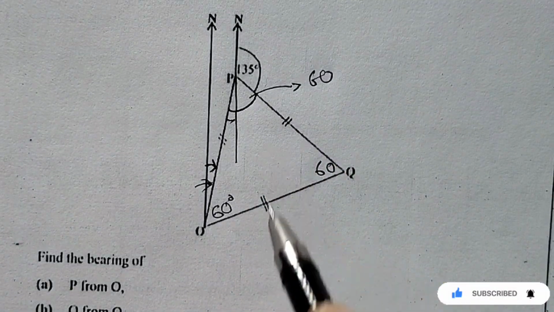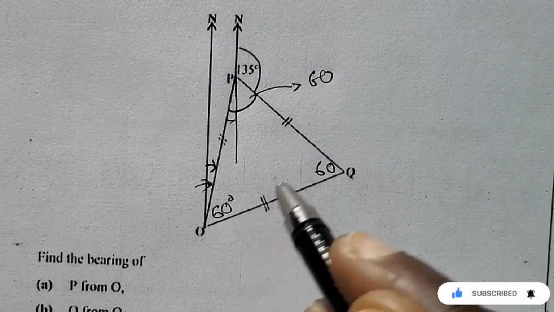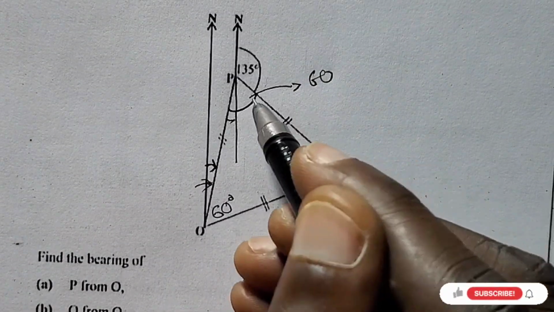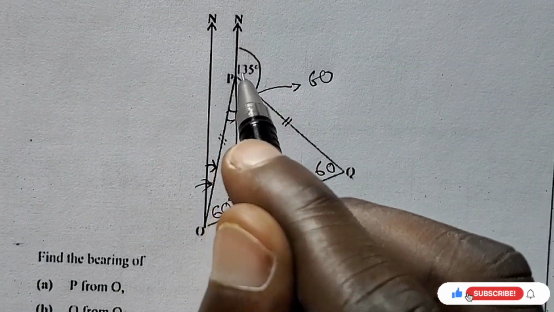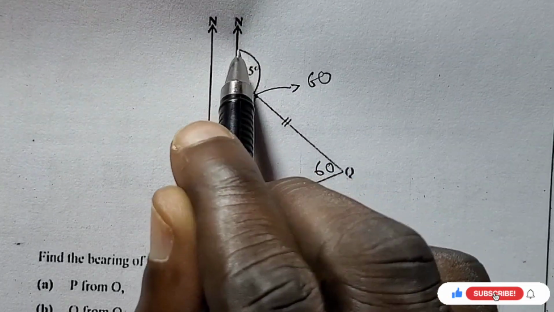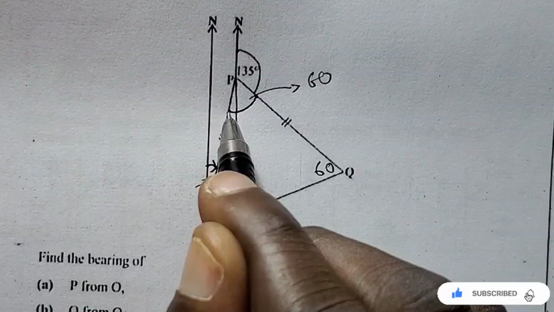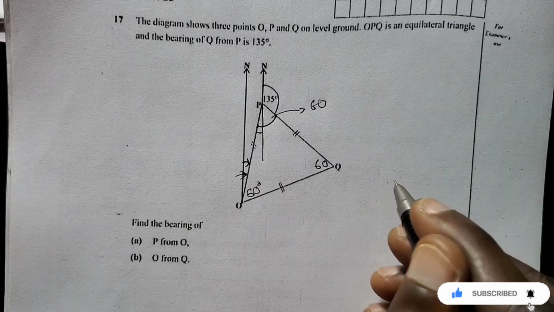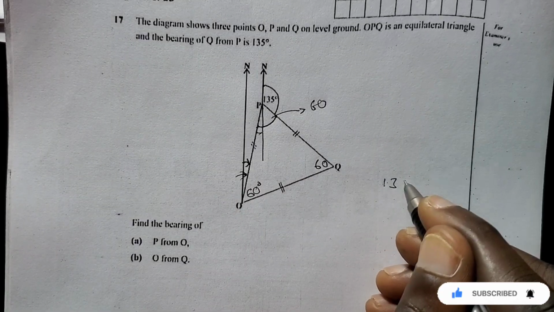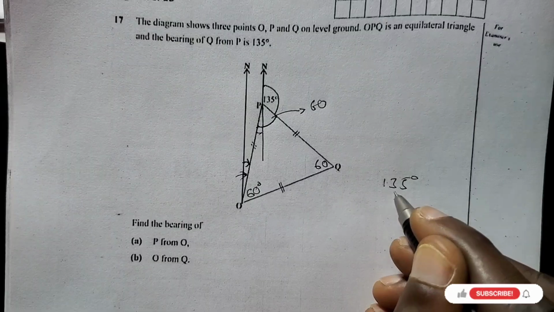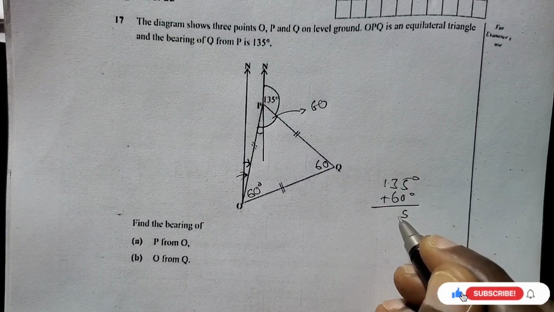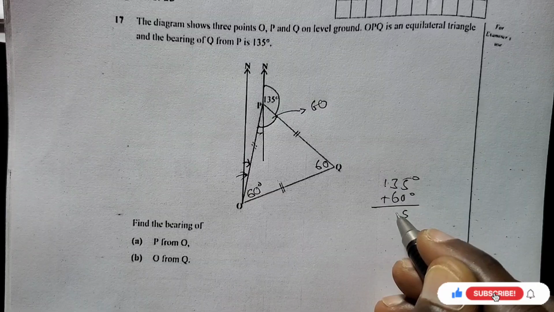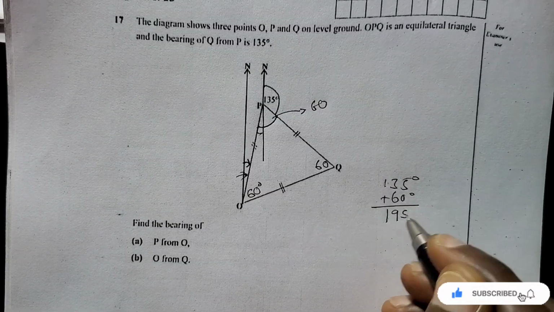Now, if from here up to here is 60, then we need to know the value of the angle from north up to this point. So we need to add 135 plus 60 degrees.